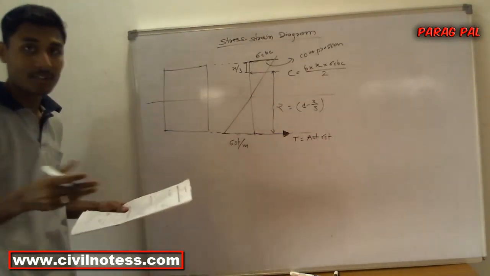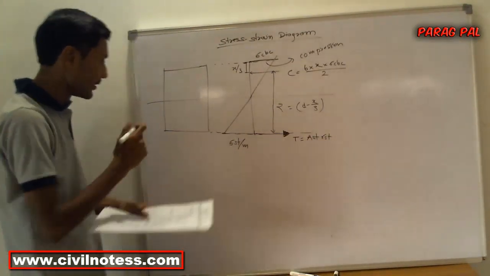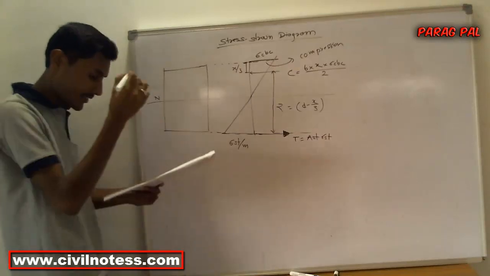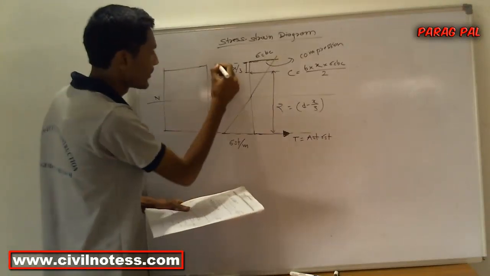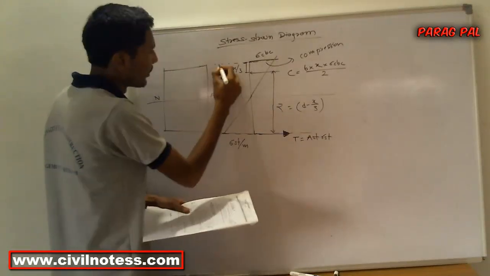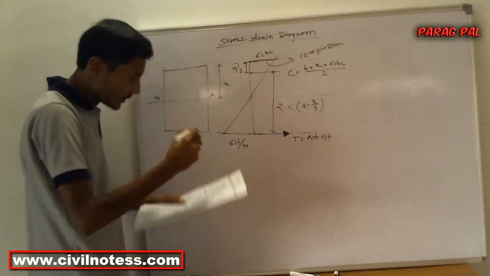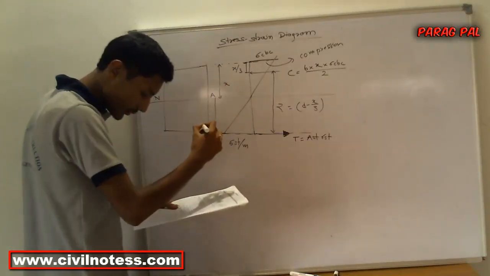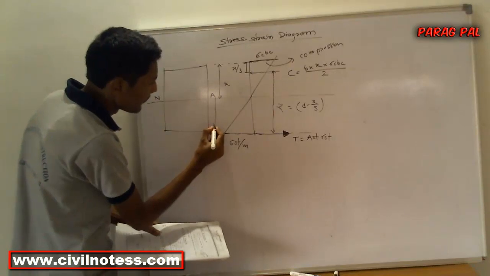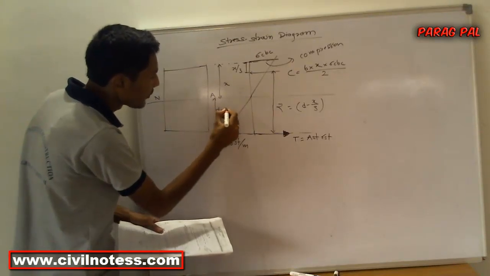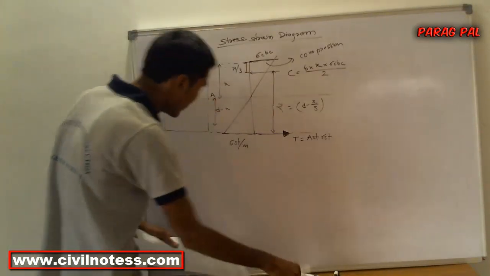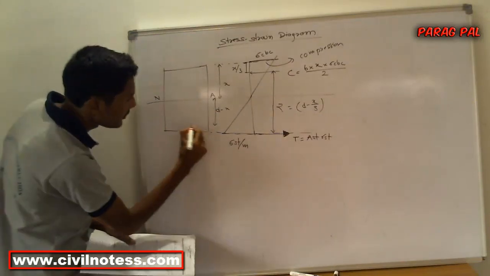Let me tell you, I'll draw all these things very fast. Wait a minute. This is x, and this is d minus x, only this portion, d minus x.